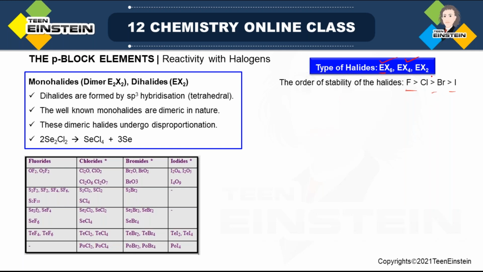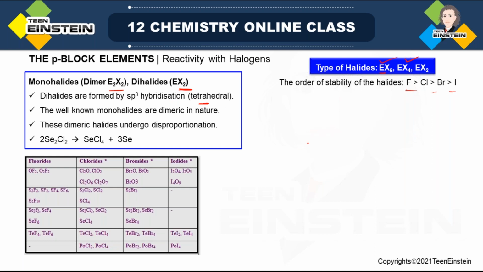Now, the first type, that is the dihalide, EX2, and also there is the monohalide, which most of the time remains in the form of a dimer, E2X2. So these dihalides, EX2, are formed by sp3 hybridization.